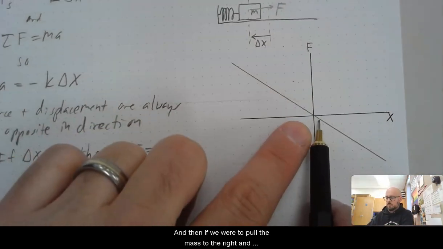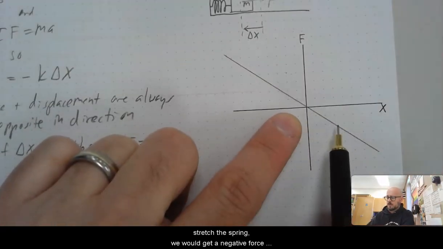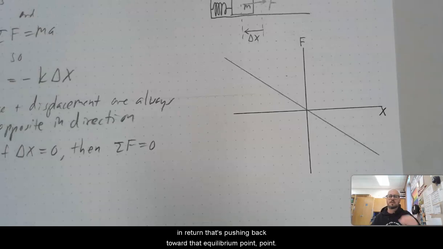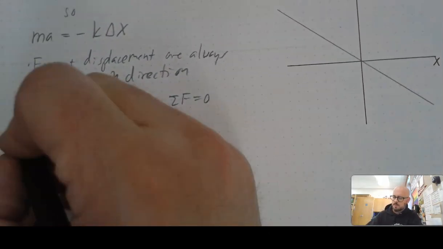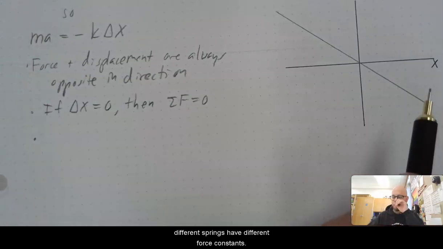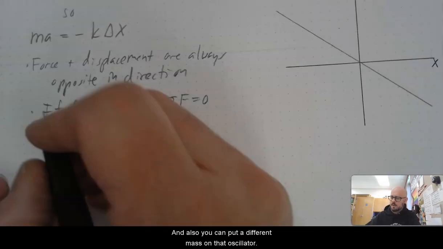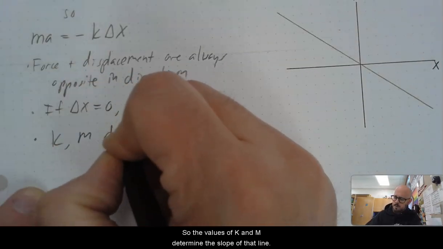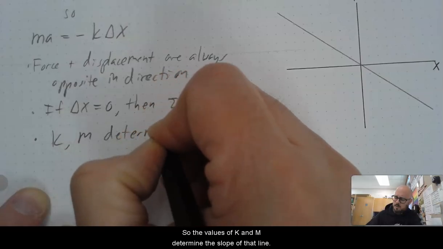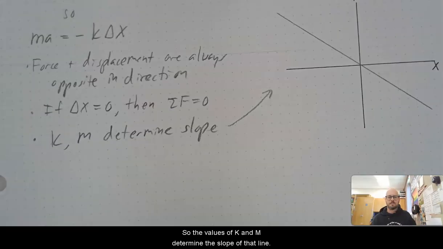And then if we were to pull the mass to the right and stretch the spring, we would get a negative force in return that's pushing back toward that equilibrium point. And then, different springs have different force constants, and also you can put a different mass on that oscillator. So the values of k and m determine the slope of that line.